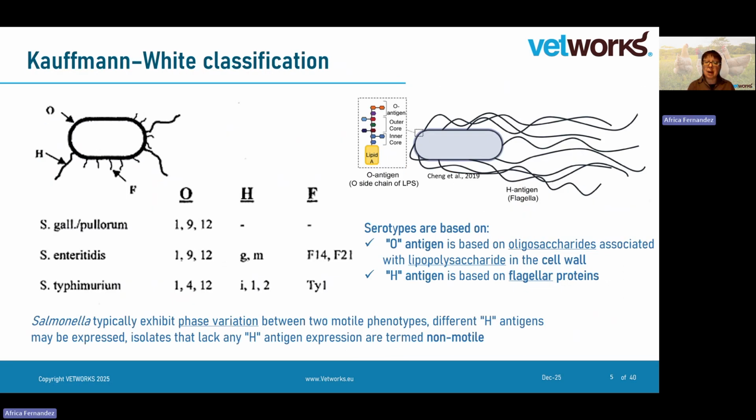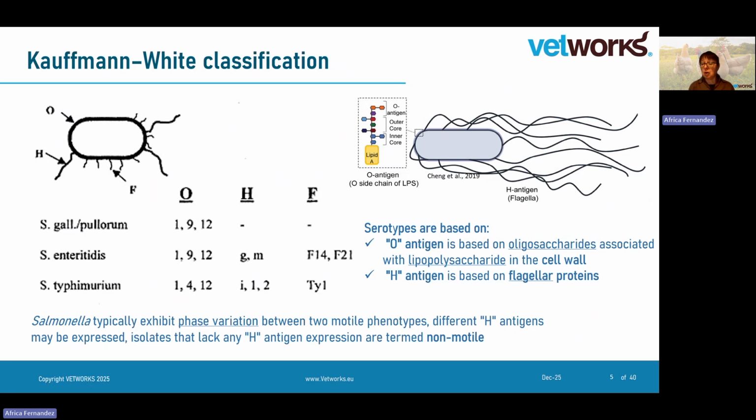A little bit about the classification: the main one that is widely used is the Kaufman and White classification for the different Salmonellas, and this classification is based on the O antigen, that is the antigen that Salmonella has in the cell wall, and also the flagella antigen, which is called H antigen.